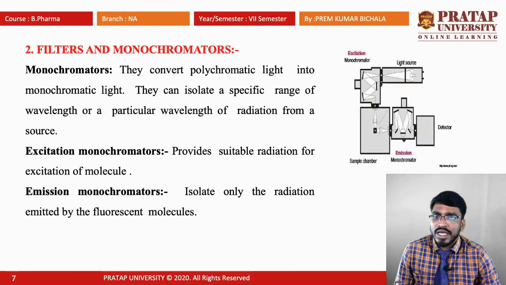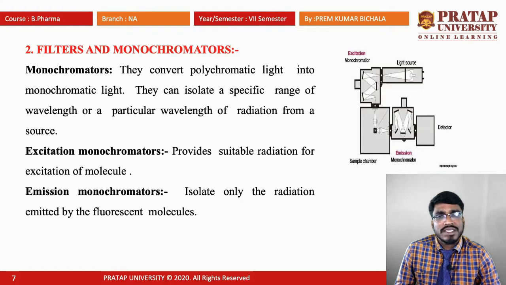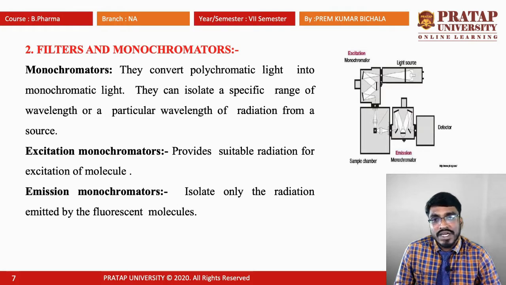Then in monochromators, we have two types of monochromators. One is the excitation monochromator and then the emission monochromator. The monochromators convert polychromatic light into monochromatic light. In polychromatic light, we have different wavelengths of lines which we don't require. These monochromators convert that polychromatic light to a specific wavelength light which we desire.